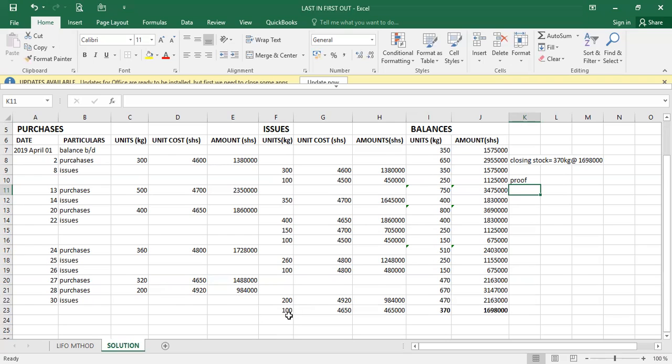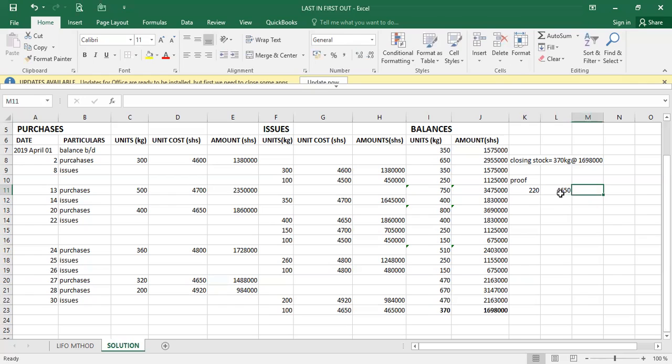We issued out only 100 units, so we purchased 320 minus the 100 units. It means these 220 are still there. So how do we value them? We put its value at 4650.